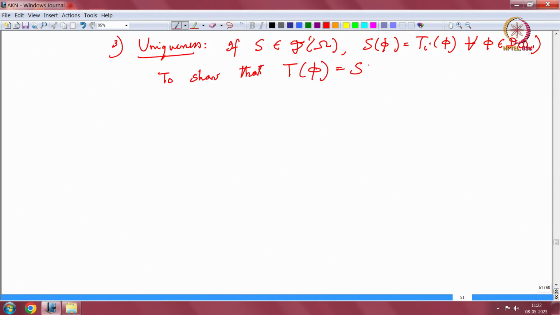That is all the property. If you have another distribution which gives you the same T I, then T phi equal to S phi.